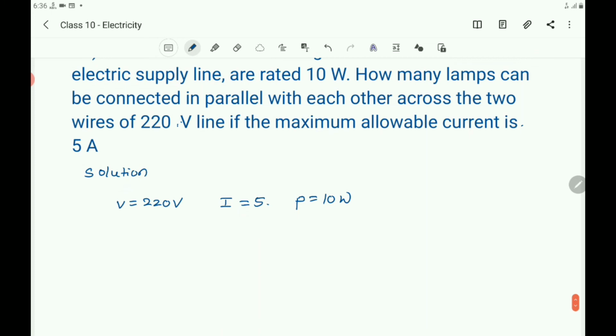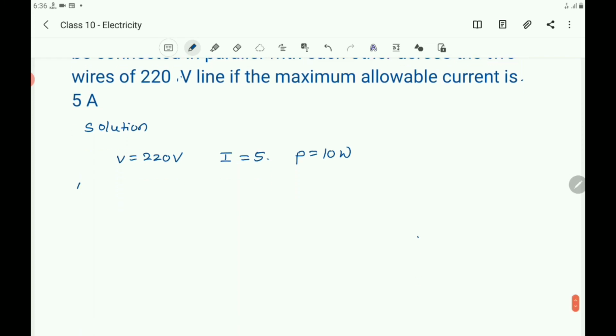Now here we have to find how many lamps are connected in parallel. So let number of lamps connected in parallel equals n.